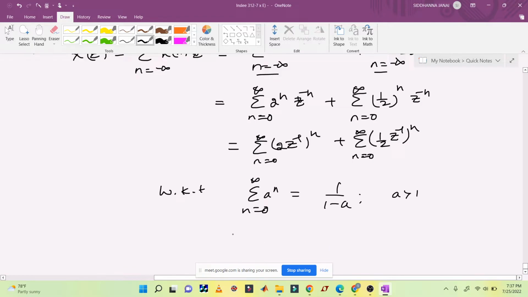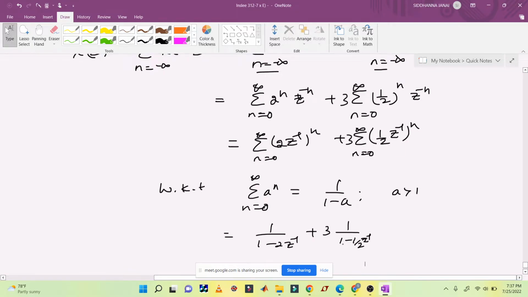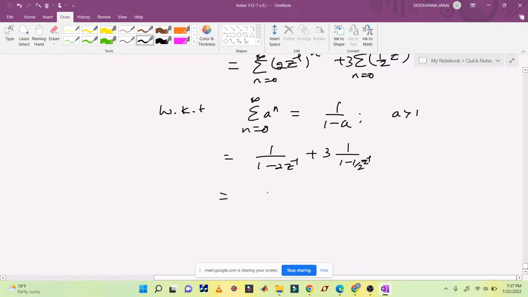So using this we can write the above equation as 1 divided by 1 minus 2 z inverse, plus, I had left the 3, let me write that 3 was there, 3 into 1 divided by 1 minus 1 by 2 z inverse. Okay, now let us simplify it. So for those who are not able to understand, z inverse is written as 1 by z, so it is 1 minus 2 divided by z, plus 3 over 1 minus 1 by 2z.